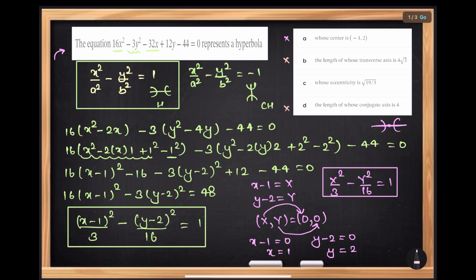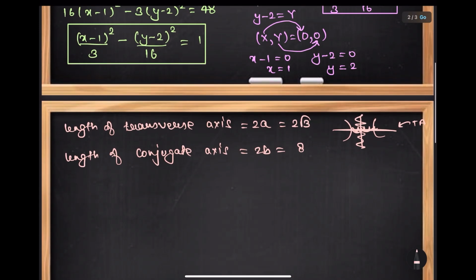So hopefully option C is correct. We will try to find the eccentricity. You know that this hyperbola is a horizontal hyperbola, and a horizontal hyperbola is connected with the horizontal ellipse. For the horizontal ellipse we used to write b square equals a square times (1 minus e square), with a square inside, since a is bigger.